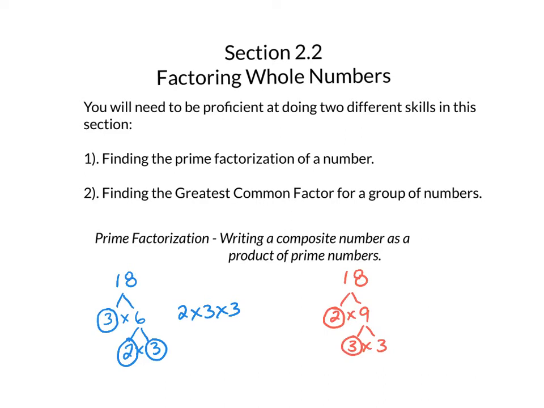Well, the 3s once again are prime numbers, and you'll notice that I get exactly the same answer, 2 times 3 times 3, for the prime factorization of 18. In other words, it doesn't matter how you break down the number to start with. In the end, you're going to get the same answer.